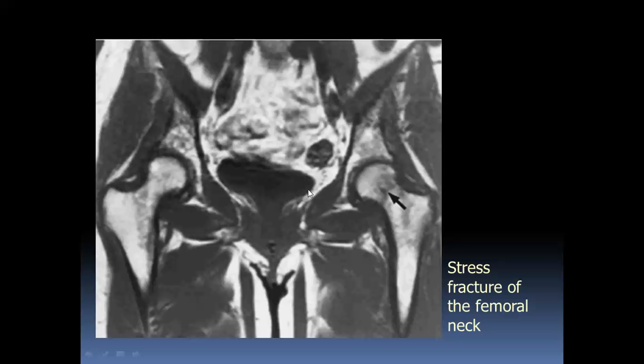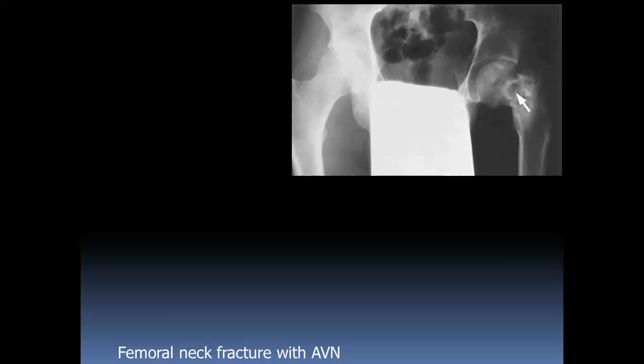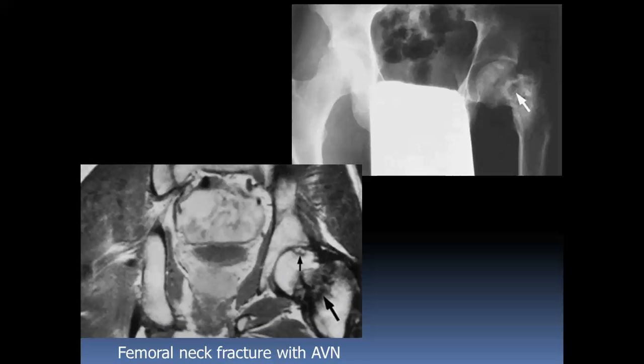Stress fracture of the femoral neck seen in osteomalacia, usually bilateral. Femoral neck fracture complicated with avascular necrosis.